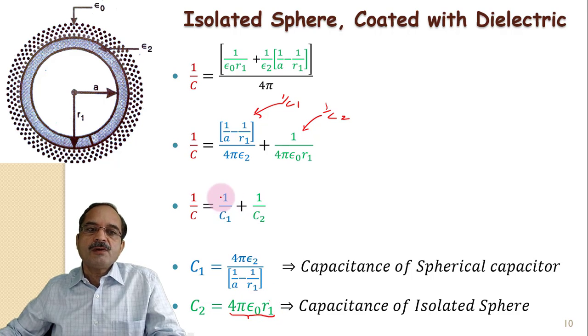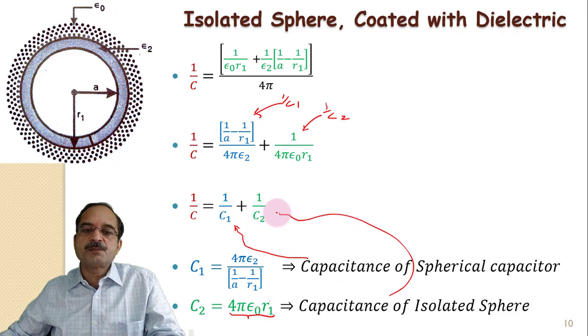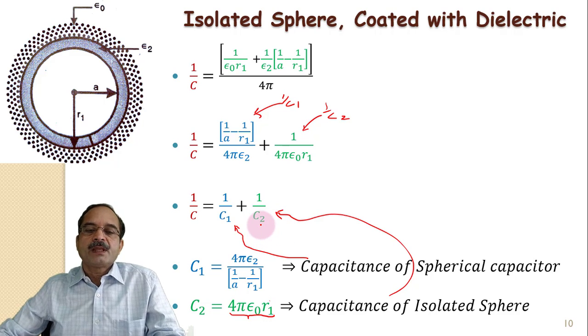So this result what we got here is nothing but two capacitors connected in series: the capacitance of a spherical capacitor connected in series with the capacitance of an isolated sphere. So this is the capacitance of an isolated sphere coated with dielectric.